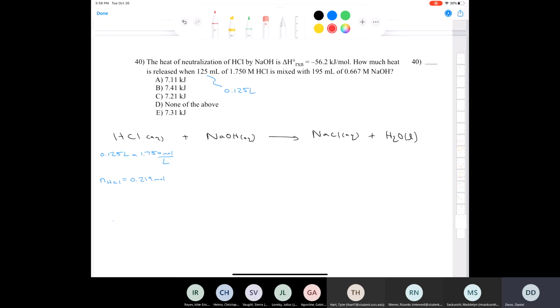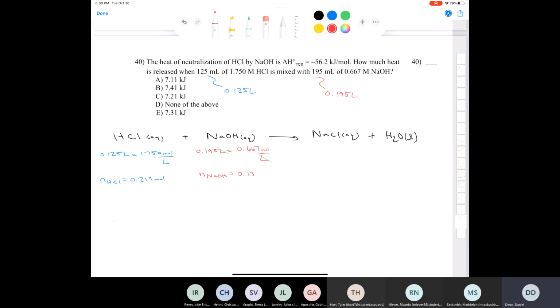Now let's do the same exercise for our sodium hydroxide. We're told we're starting with 195 milliliters, which is 0.195 liters. So we have 0.195 liters multiplied by 0.667 moles per liter. Liters cancel, and we're left over with the number of moles of NaOH as being, let me see here, 0.195 times 0.667.